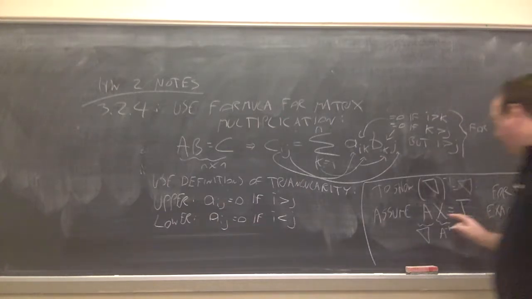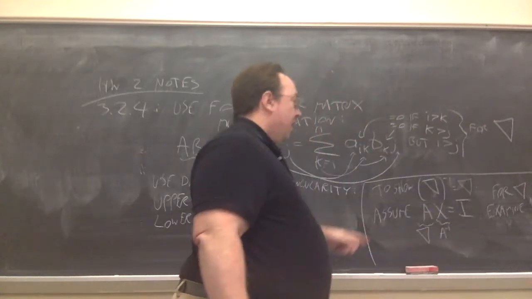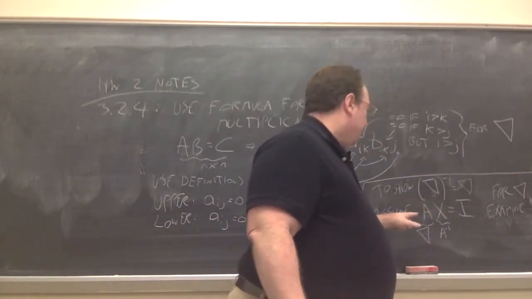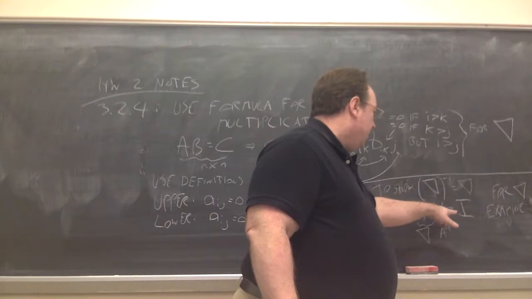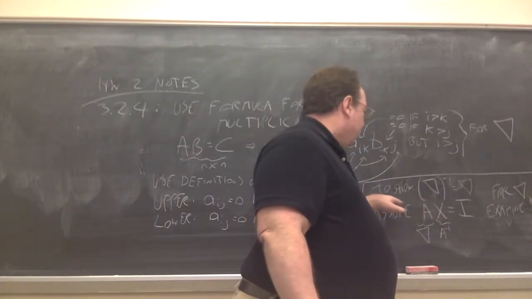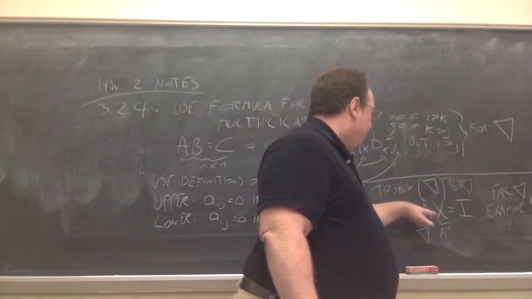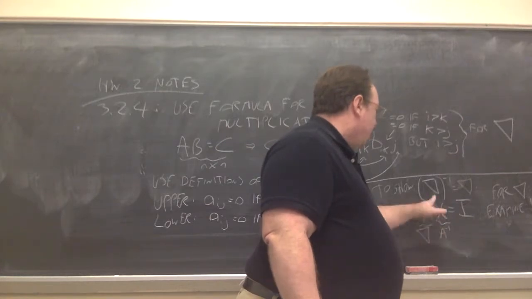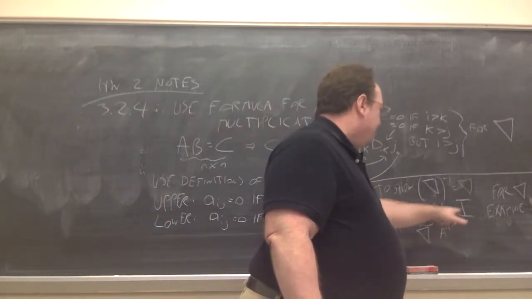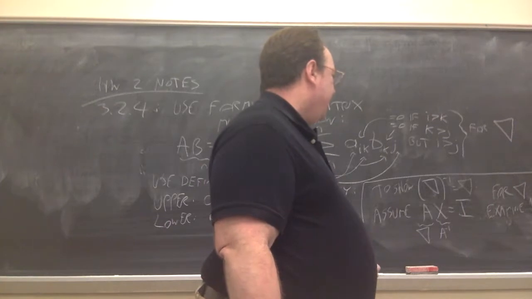So if you consider computing the first column of this product, what's happening? To compute the first column of a result, you're going across every row of A and down only the first column of X to produce the first column of the identity.